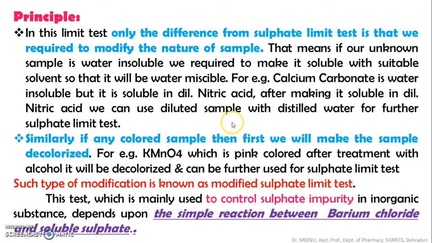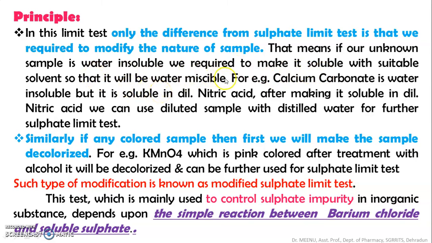So in this limit test, the only difference from the sulfate limit test is to modify the nature of the sample. That means if our unknown sample is water insoluble, we need to treat it or make it soluble with a suitable solvent so that it will be water miscible.